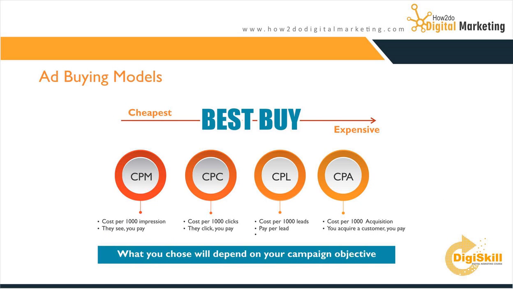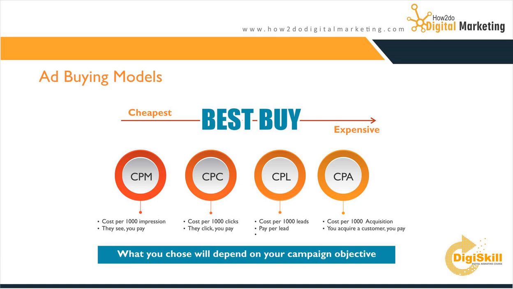The terms which people typically use in digital advertising or in PPC are 4 terms, which are CPM, CPC, CPL, and CPA. CPM is cost per 1,000 impressions, which means that if I show the ad to somebody, you will pay Google for it. CPC is cost per click. So if anybody clicks on your ad, then only you pay.